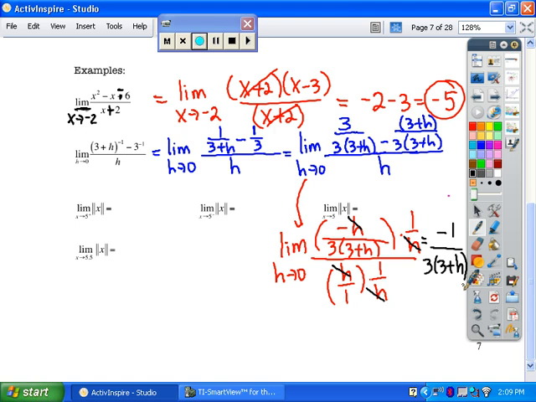So now we can use direct substitution then, and we would get -1 over 3 times 3 plus 0. So we get -1/9 as our limit. There's a lot of algebra here. And that's something that does show up with limits, is being able to just simplify something algebraically and then use direct substitution to calculate what that limit's going to equal. So it's kind of tricky, but that's the idea there.